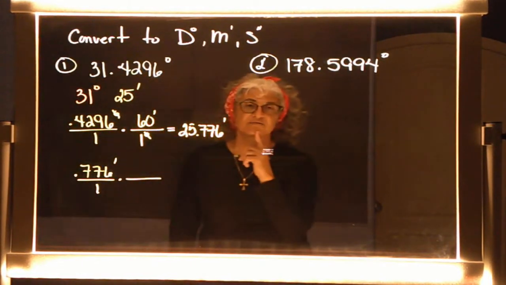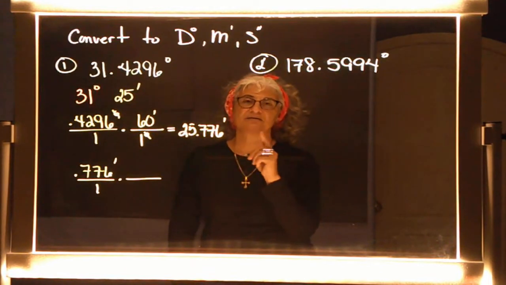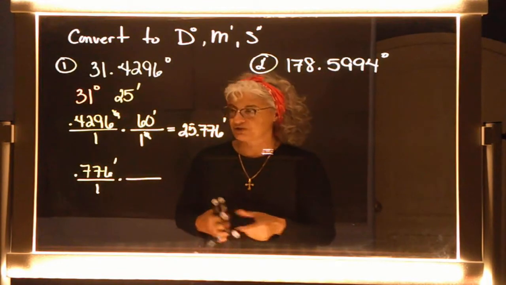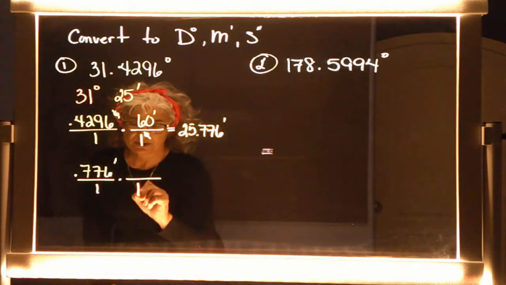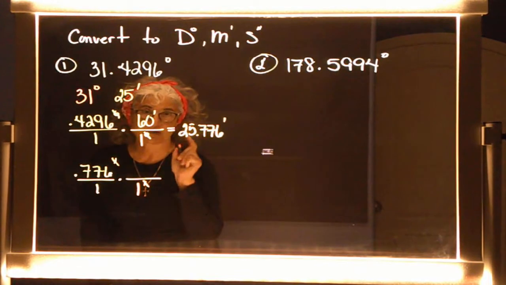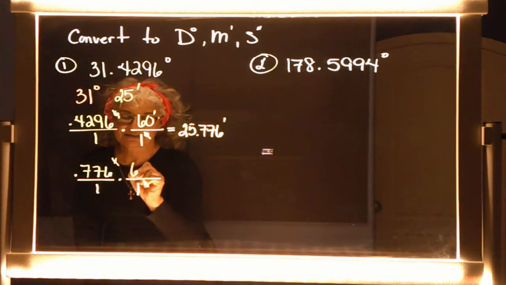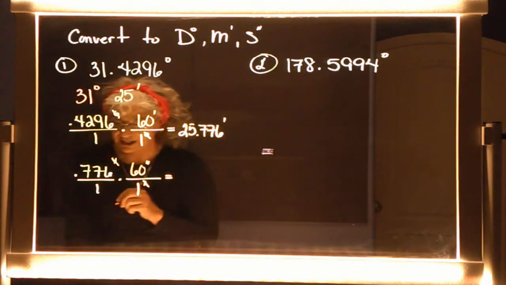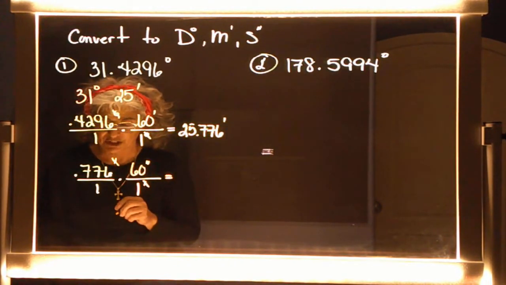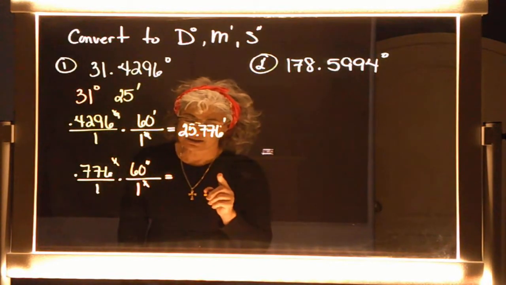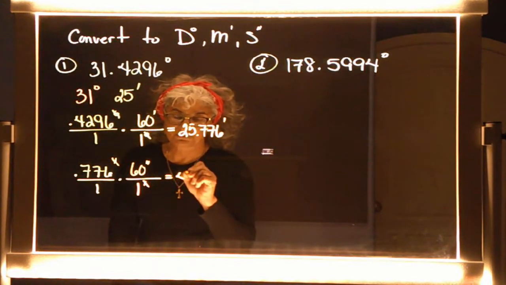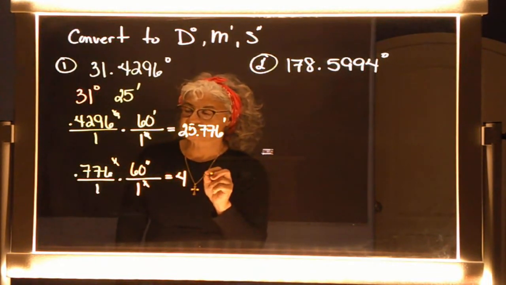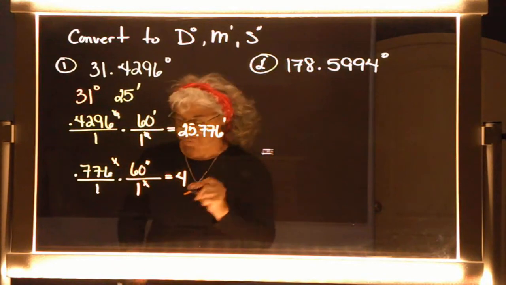So what's my conversion? 1 minute is equal to 60 seconds. Excellent. Which means we are going to take, that's right, 1 minute on the bottom, so the minutes on the top and bottom cancel. And I've got 60 seconds on the top, don't I? And when you do your calculator work, you'll get 46 point something, right?